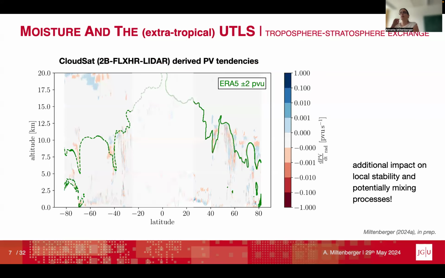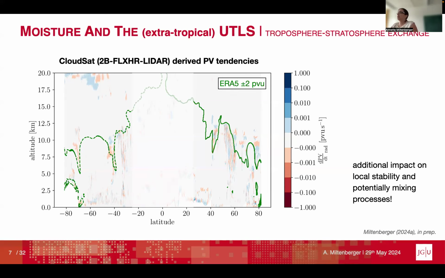Just to illustrate that this is something that we probably need to understand much more deeply, this is a profile taken from the CloudSat radiative heating product combined with ERA5 to derive PV tendencies. So this is using cloud microphysical properties from observations and vorticity from reanalysis to derive PV rates.